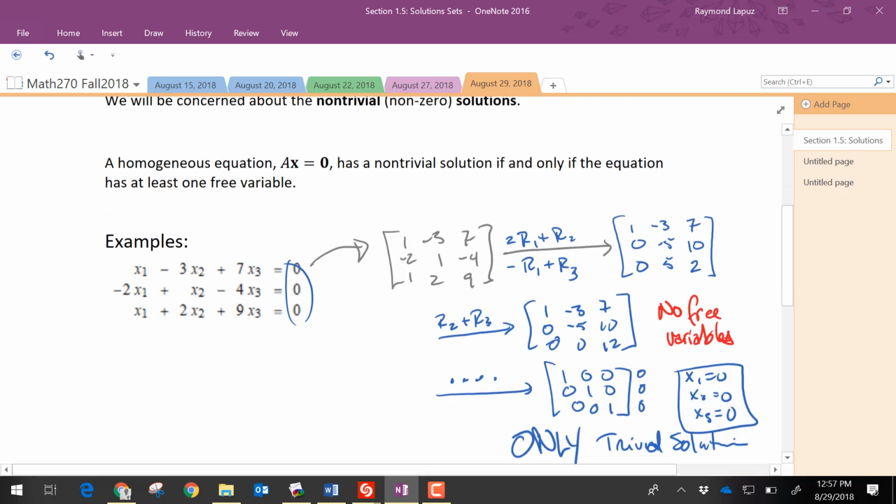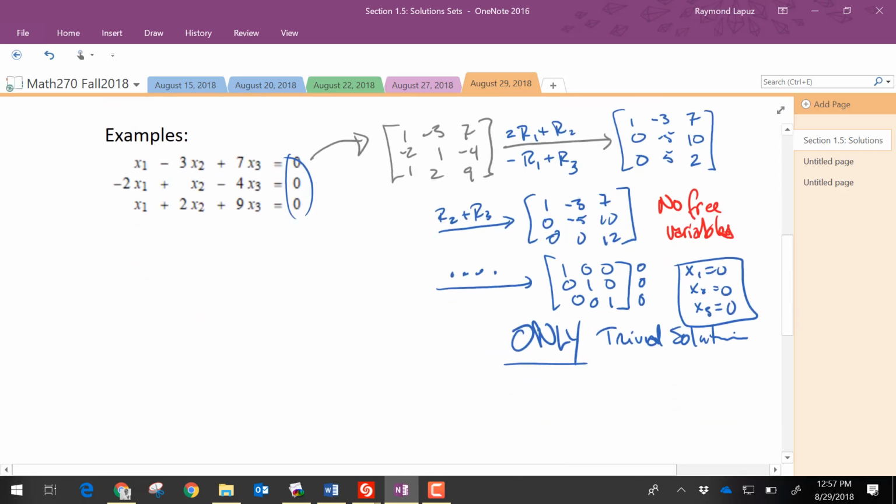So the idea is that if we row reduce this and we get free variables, then we're going to get solutions that are non-zero. But if we row reduce this and we see that there are no free variables, then the only solution we get is 0. You're guaranteed a trivial solution, but you're more interested in finding non-trivial solutions.